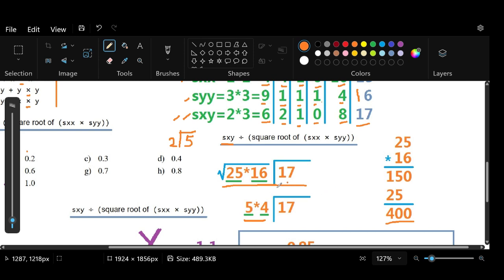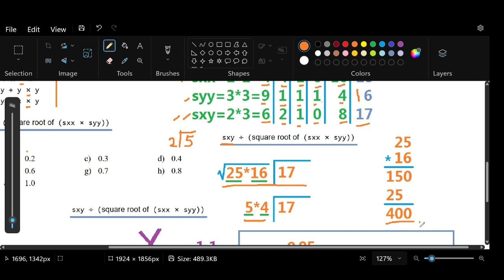But because I saw the pattern here with the 25 and the 16, I thought, okay, so let's see if we can get something out of the 5 times 4. And if we do the multiplication, 5 times 4 gives us 20, right? And if we think about doing a 20 times 20, or 20 squared, we should get 400.